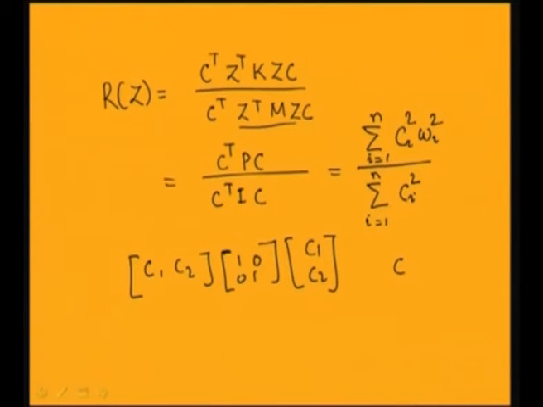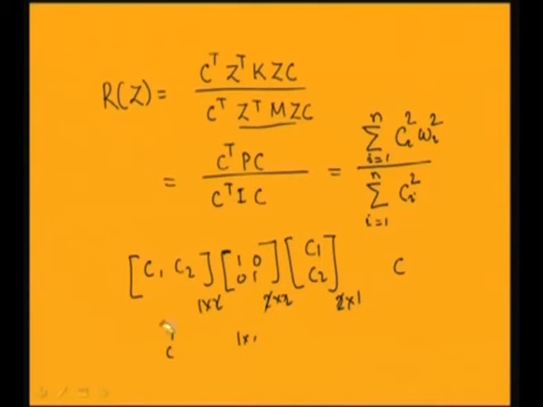If you multiply this, let us multiply the first two: this is 1 row 2 column, this is 2 row 2 column, and this is 2 row 1 column. So the final expression becomes 1 cross 1. If you multiply, this becomes C1 and this becomes C2.